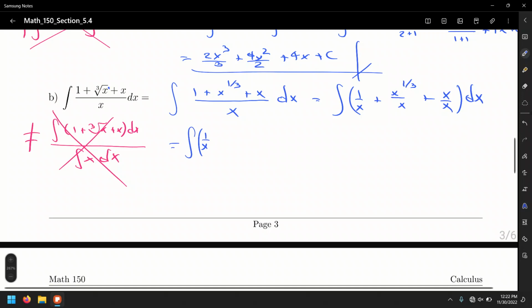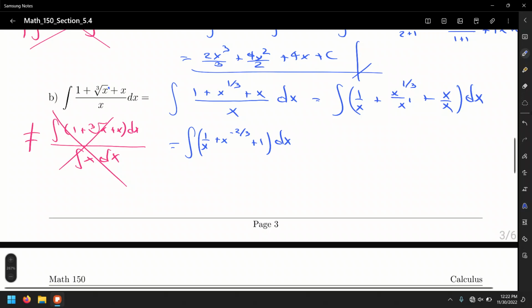And well, in this case, we would need to subtract the powers, because we have the same base. We have a division of them. What we do is subtract the powers. So 1/3 minus 1, that's going to give us x to the negative 2/3. And x over x, that's simply 1 dx.